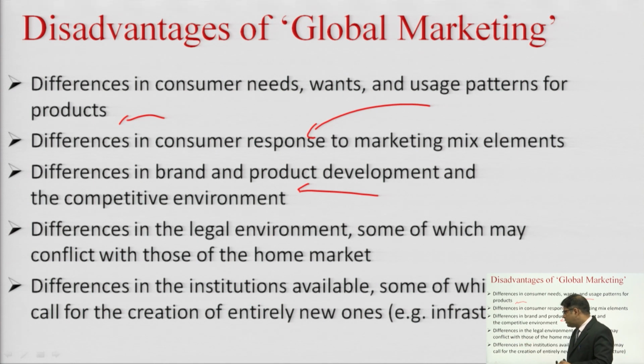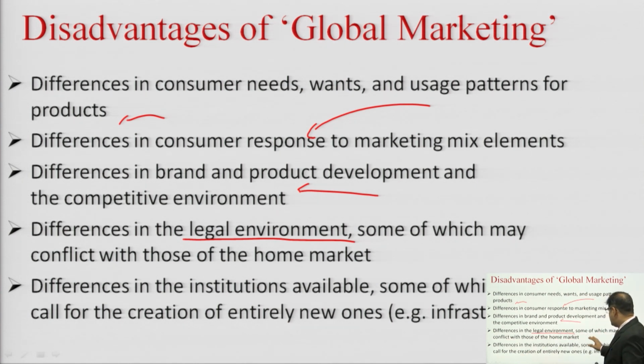Then the remaining two disadvantages are the differences in the legal environment. So, different countries have their own laws, and it is not easy for the company to operate uniformly in all the countries across the globe. So, the company has to understand the laws relating to labor, the laws relating to advertising, the laws related to consumers for each and every country separately, and only then can it successfully market its products and services globally.